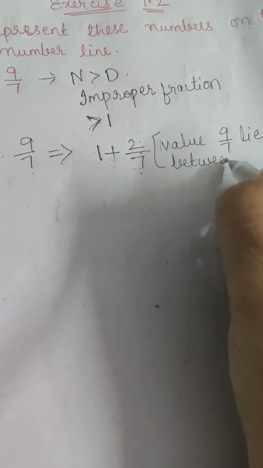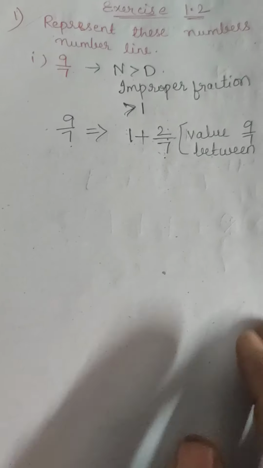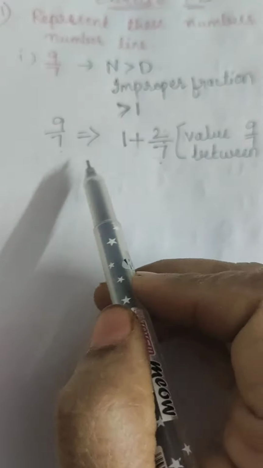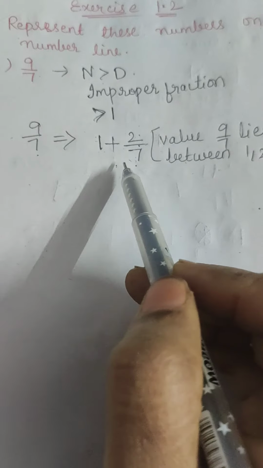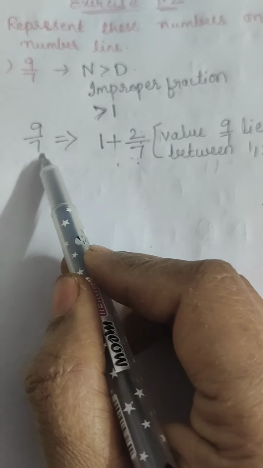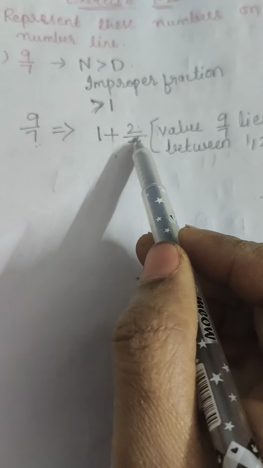For all improper fractions we just convert the improper fraction into a mixed fraction, and then we can know between which numbers the value lies. Here the value lies between 1 and 2.